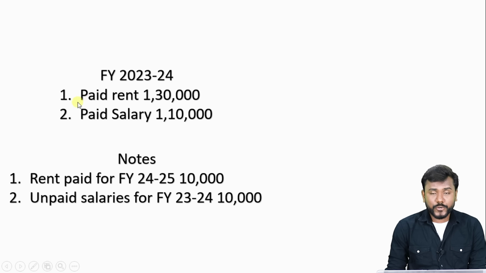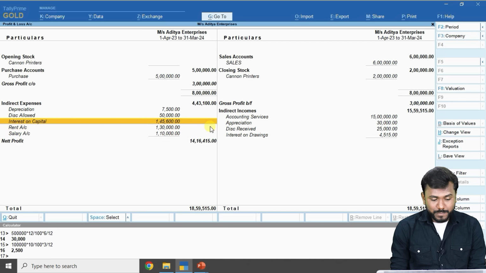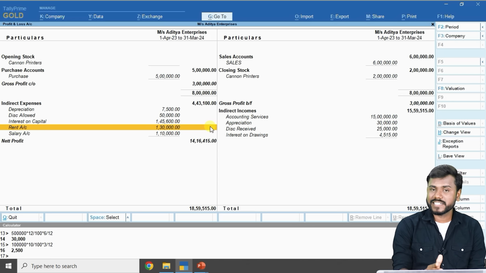After booking all the necessary expenses, you got the knowledge that out of the rent you paid, rent paid for next financial year 24-25 was rupees 10,000. In the current year, how much rent was booked? 1,30,000 expenditure is recorded.